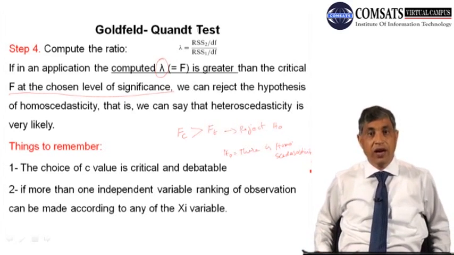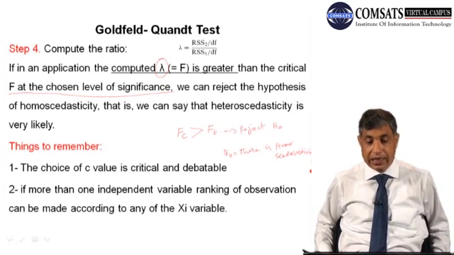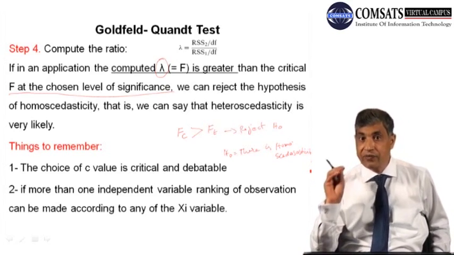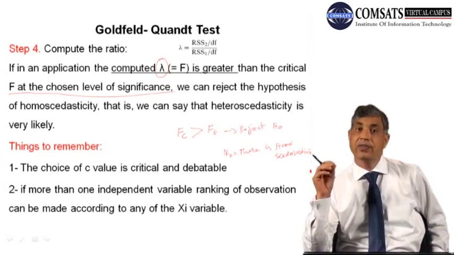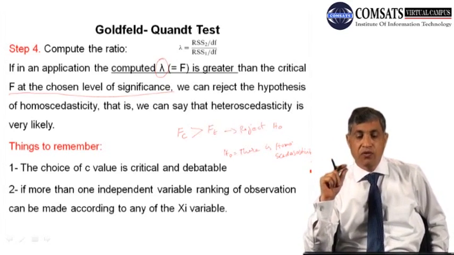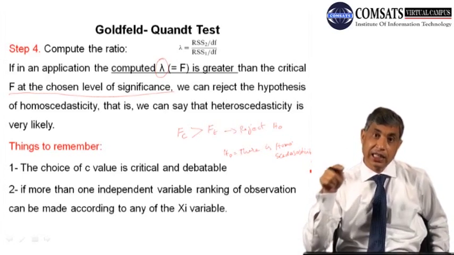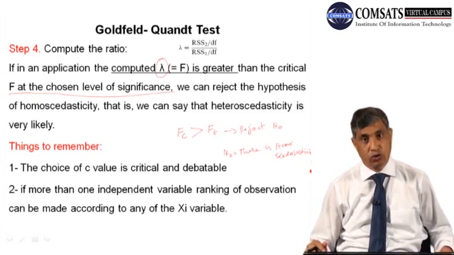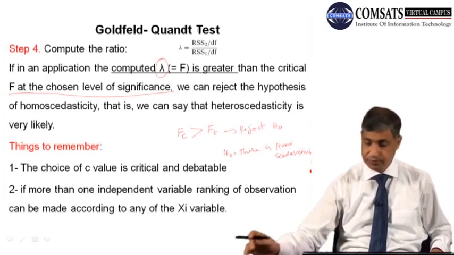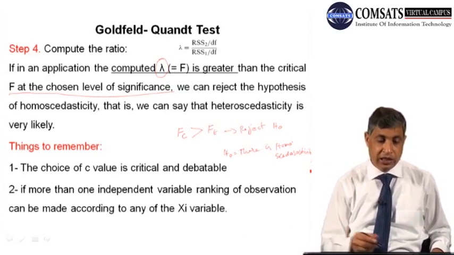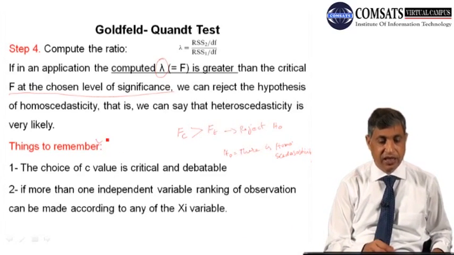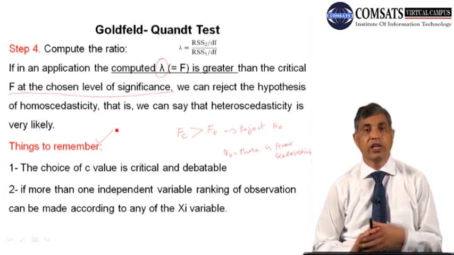So if F calculated becomes greater than F tabulated at a given level of significance as well as the degrees of freedom, we reject the null hypothesis and we say that there is a problem of heteroscedasticity in the data. Doing this, we have completed the Goldfeld-Quandt test.